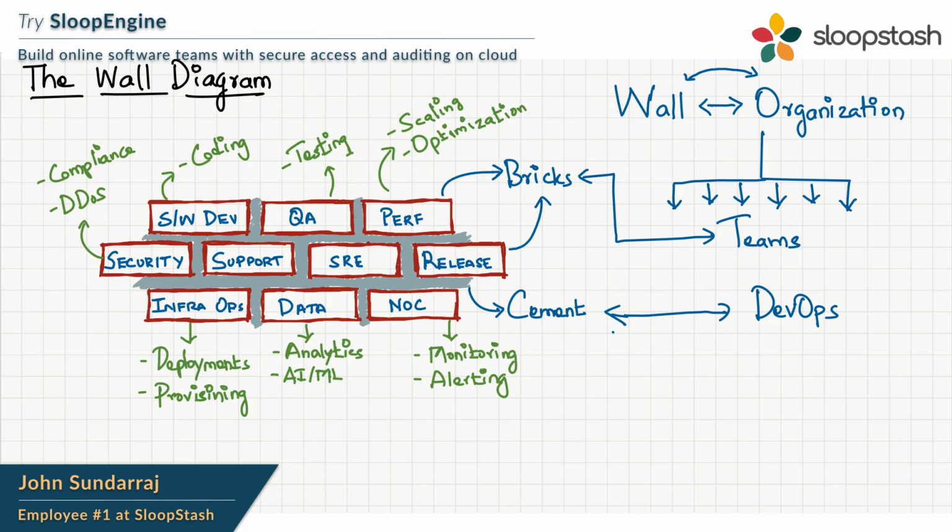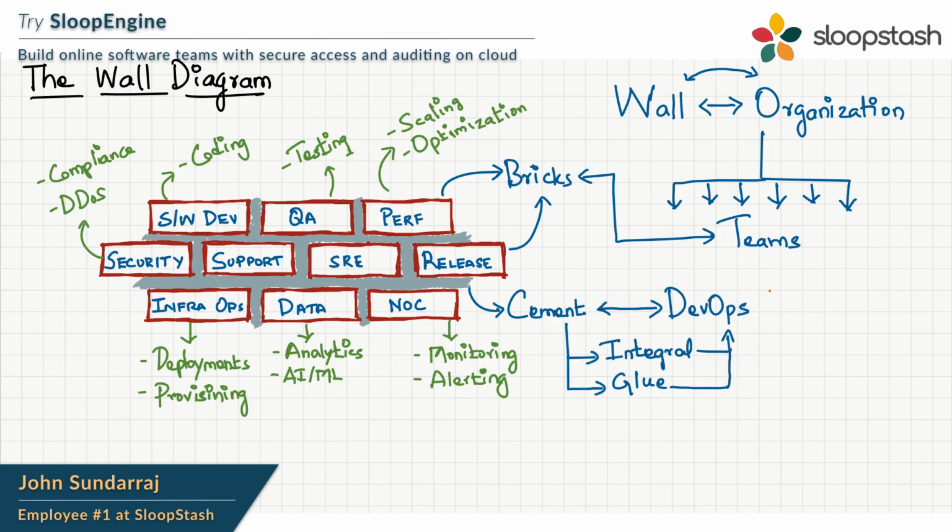So, what is the very important purpose of the cement? The cement plays an integral part of the wall diagram, and it is also used to glue the bricks together. This is the exact purpose of the DevOps team in an organization. Let me give a clear-cut understanding of the DevOps role.